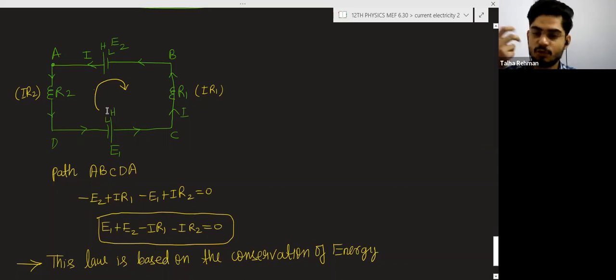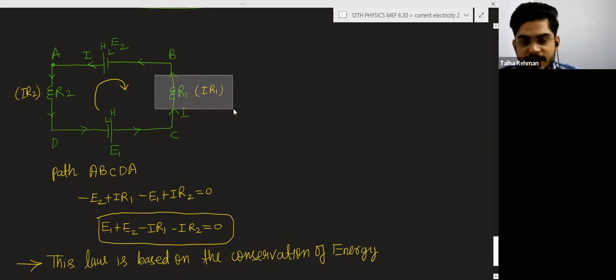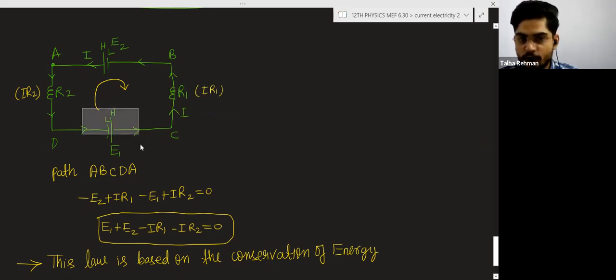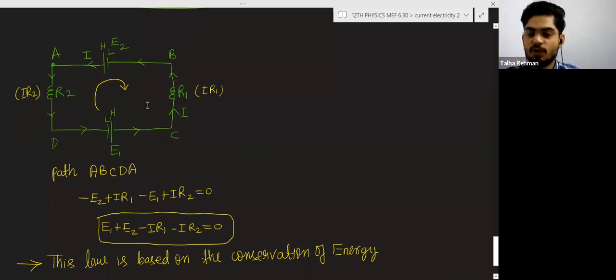The cell has stored chemical energy, and that energy the cell gives in the form of electrical energy, and that energy is dissipated across the resistances. The amount of energy given by the cell is dissipated across the resistances. No energy is created or destroyed, so energy is conserved. So that is why this law is based on the conservation of energy.